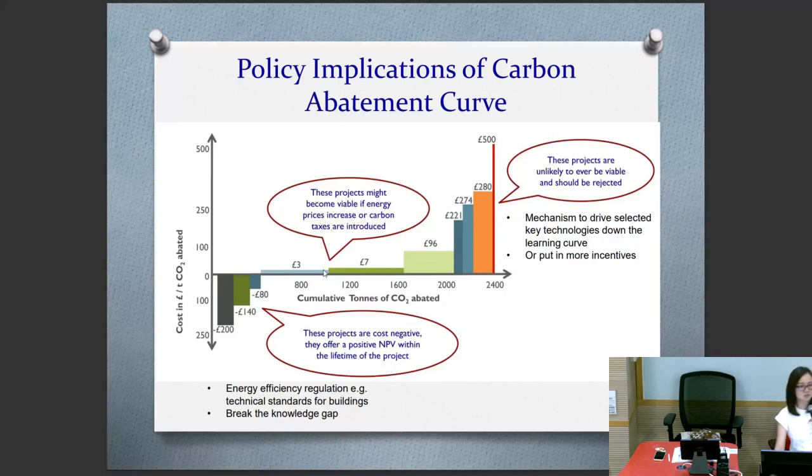Otherwise you won't want to spend any money on carbon reduction, only if there is financial incentive. For example, if the carbon tax is more expensive than these costs, then you will rather invest in this technology, right? And these projects on the right-hand side are unlikely to ever be viable and should be rejected, because they are just too expensive. So you will utilize these projects on the left first.